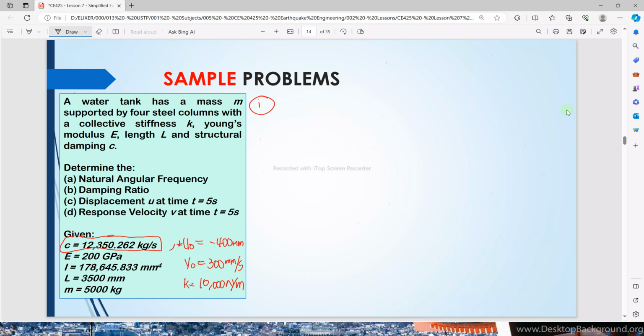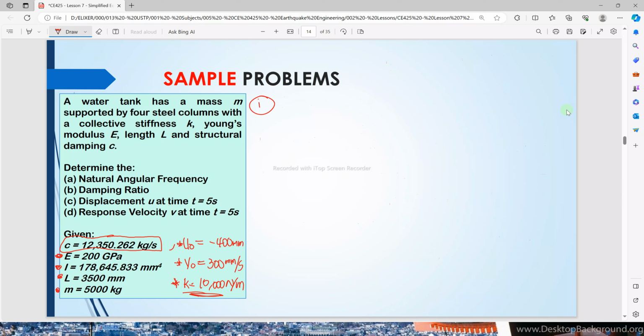We have the same initial displacement and initial velocity, and the same elasticity, inertia, and length, and also the same mass, so we get the same stiffness. The purpose of this is to show you the different conditions and to apply the different equations of motion depending on the type of the free vibration response system.